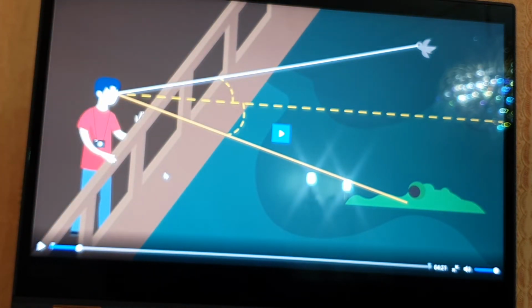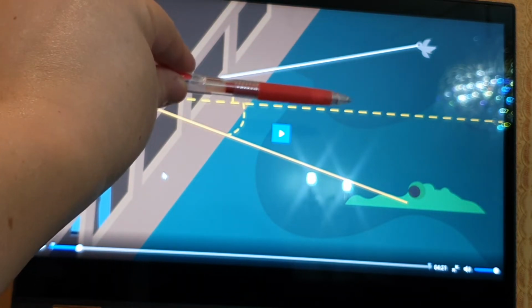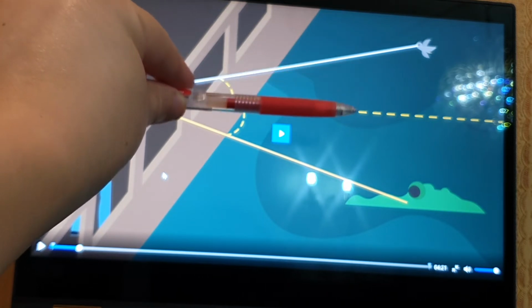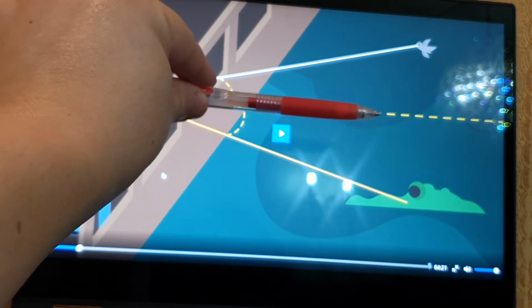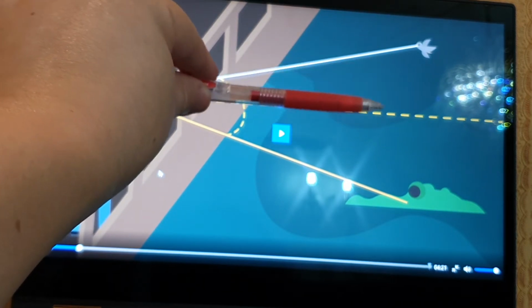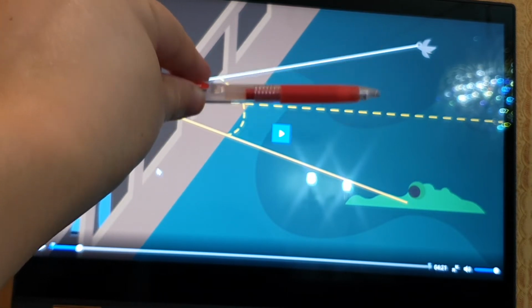And later they'll explain to you, when you look up, this angle that is formed between this yellow dotted line and this white line is called elevation, because you are going up. You take the elevator to go up, the lift to go up. So this angle is called angle of elevation.